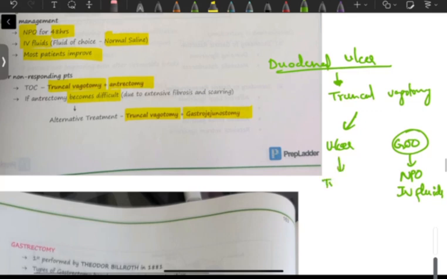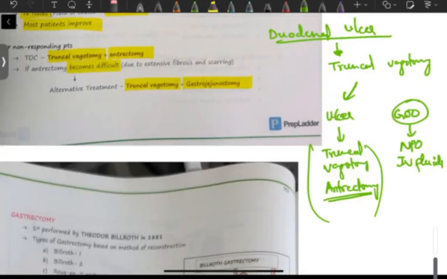For this, truncal vagotomy along with antrectomy. So this will reduce all chances of acid production.